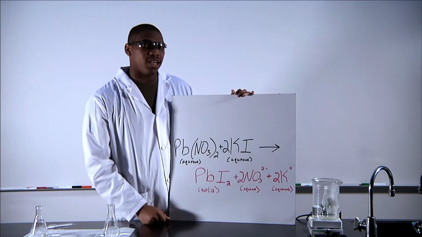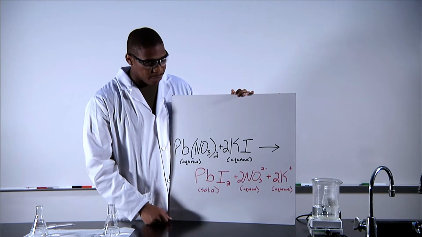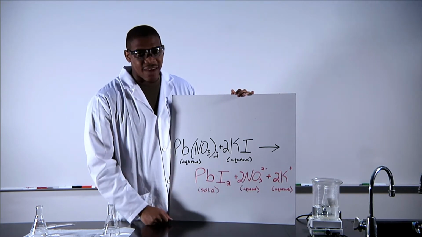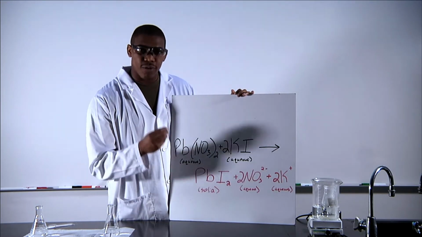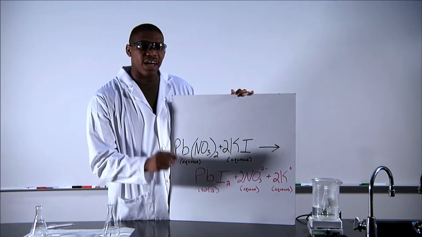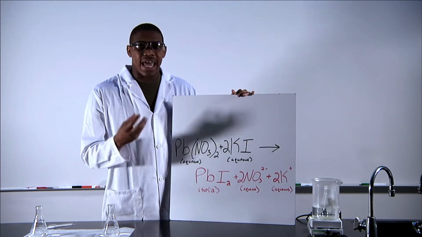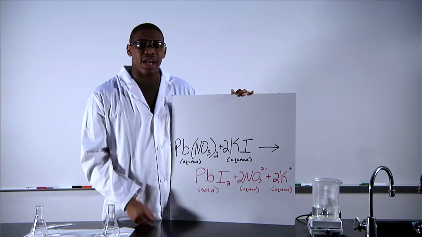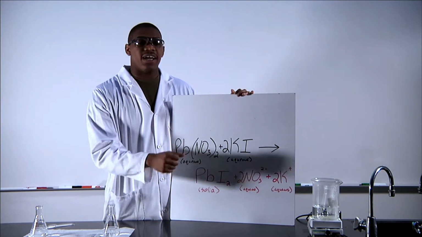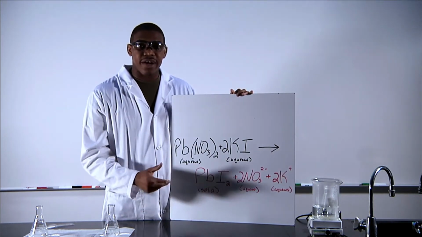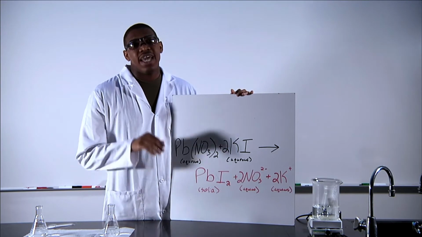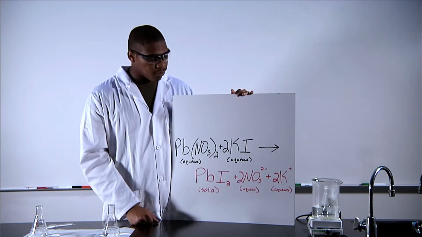Again, when we talk about solubility rules, at room temperature, lead iodide does not follow proper solubility rules, therefore it should precipitate out. But with enough energy, the molecules actually have just the right amount of collisions to push that over the activation energy barrier and form the products and dissolve in the solution.